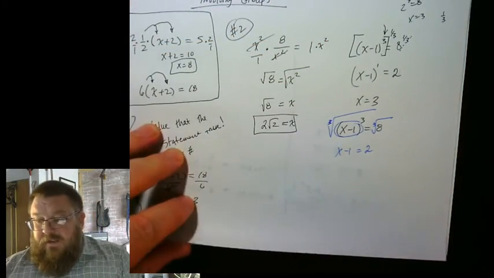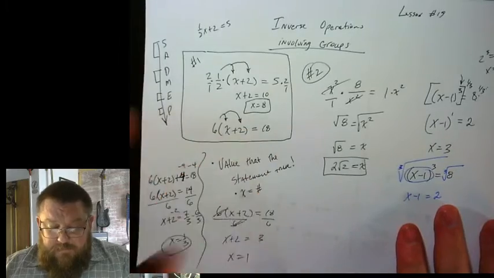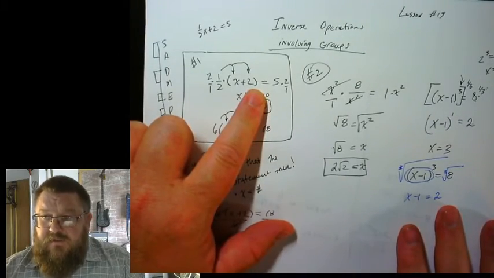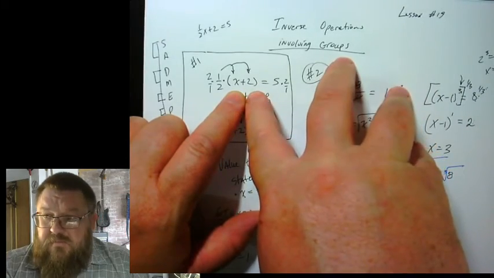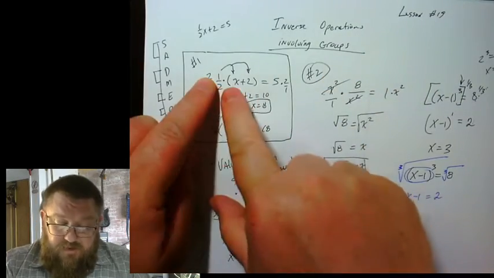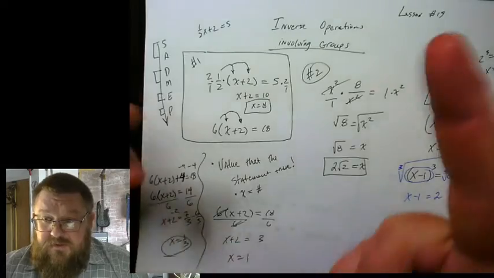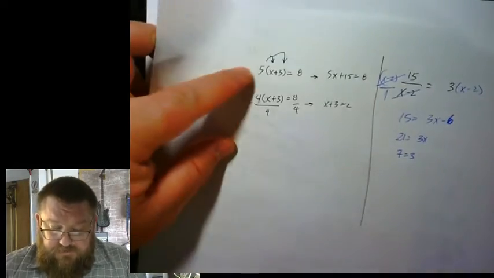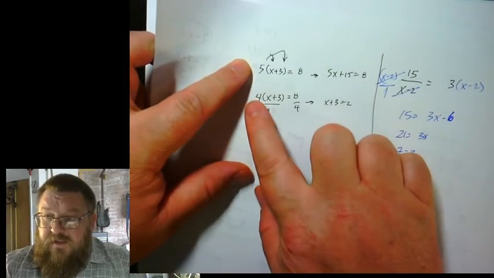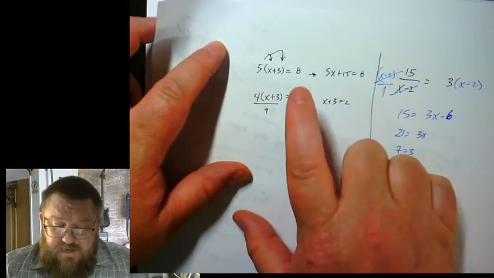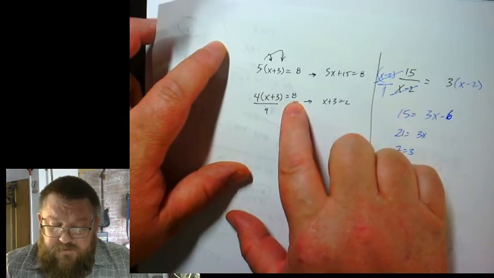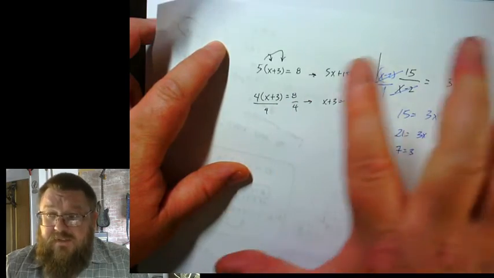So anyway, let's recap. First idea: if you have your unknown in a group, like parentheses, and there's a coefficient, you've got two choices. You can either distribute or you can divide. The best way to make the decision is if you divide, does that number go into the number on the other side evenly or not?